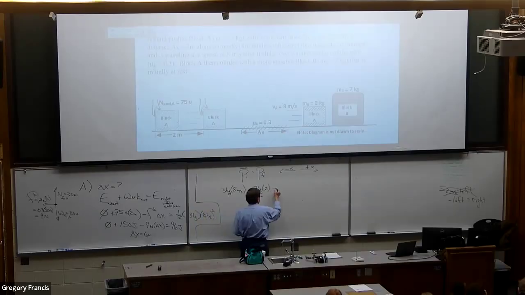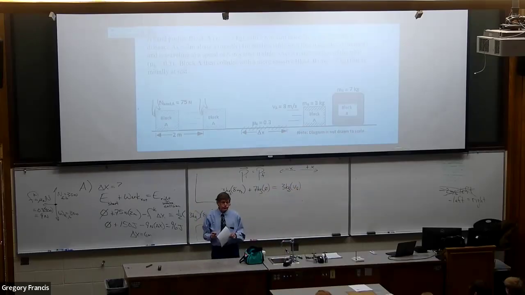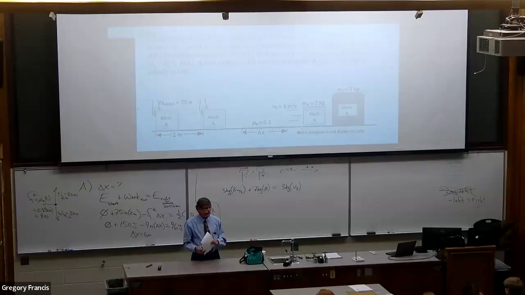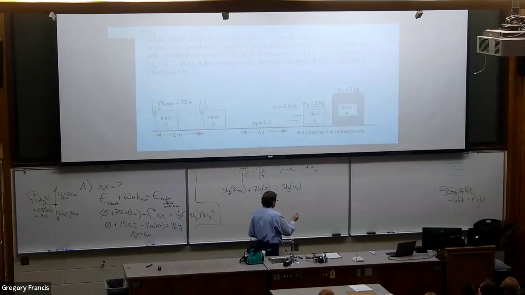And then we have the collision. We have the 3 kilogram block. I don't know how fast it's going or what direction it's going, so I just make that a positive variable. If I solve for that variable and get a negative answer, I find that the little block bounced back to the left. But I do know that the 7 kilogram block was moving at 4 meters per second after the collision in the positive direction.